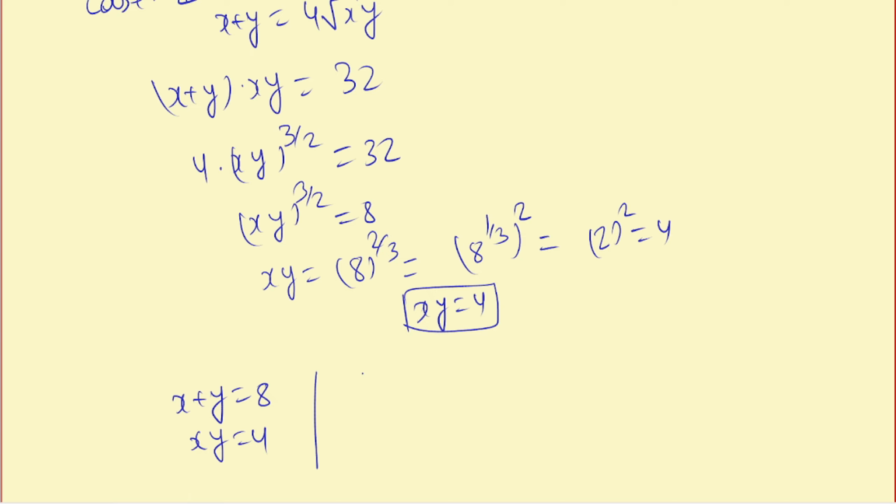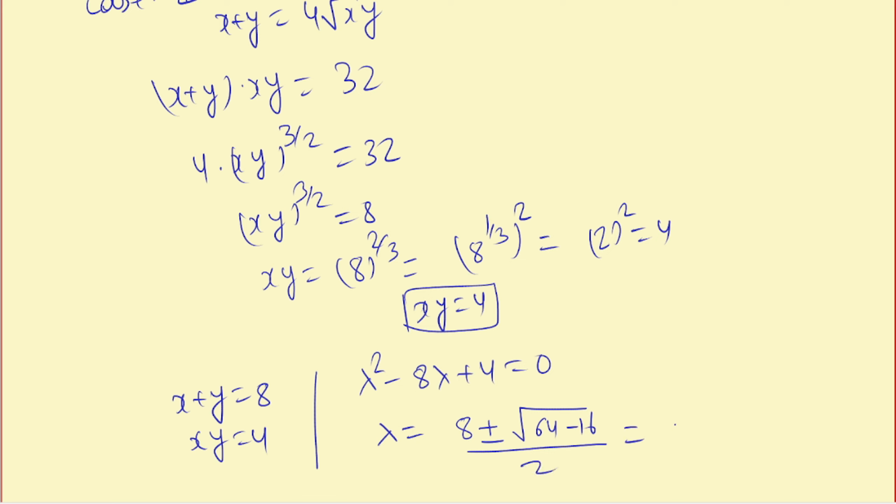Now if we consider this quadratic equation, lambda square minus 8 lambda plus 4 equal to 0, x and y are actually roots of this quadratic equation. So if we solve this, we get lambda equal to 8 plus minus root under 64 minus 16, over 2, that is the same as 4 plus minus, here we get 2 root 3.